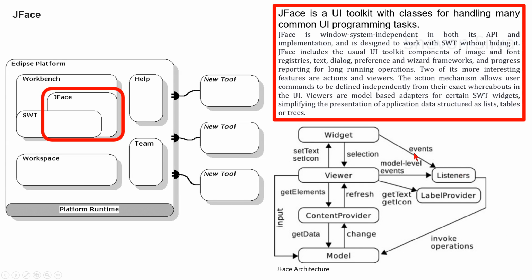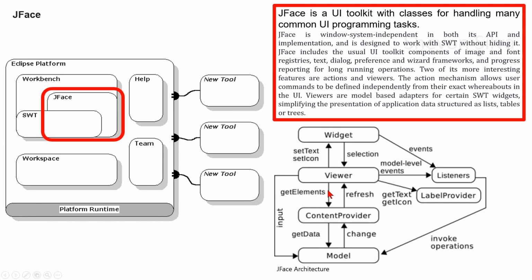Here you can see how widgets interact with the viewer. Set icon and set text are passed from viewer to widgets, and selection is passed from widget to viewer. The viewer interacts with the content provider.